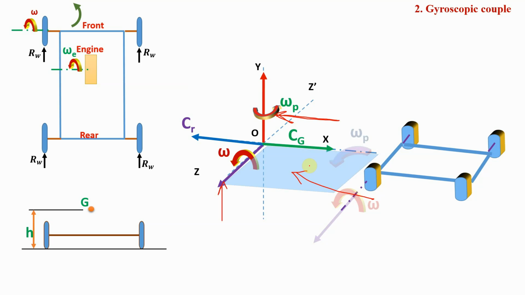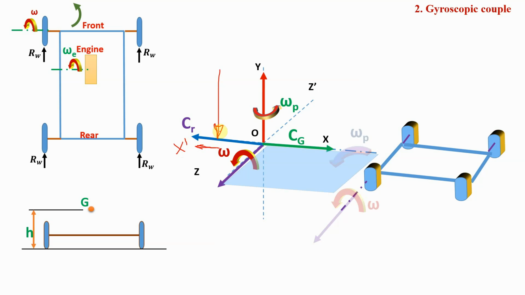Reactive torque will act opposite to the active torque. So reactive torque will act along OX dash. To find out the sense of reactive torque CR, we make use of right hand rule. For that, we will hold the vector representing CR, this vector OX dash, in right hand such that the thumb of right hand is pointing in the direction of arrow, and the curl of the fingers will give the sense of CR.